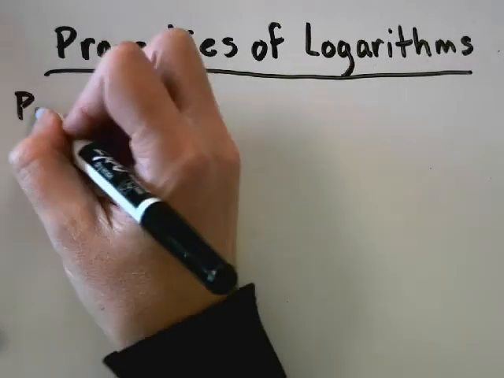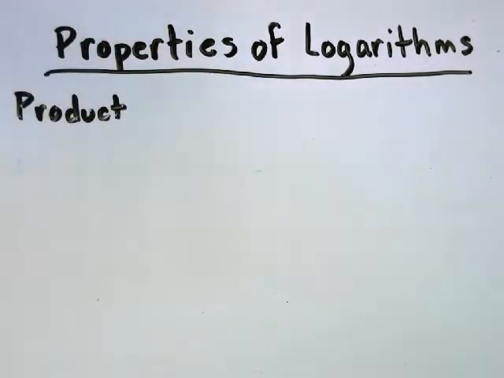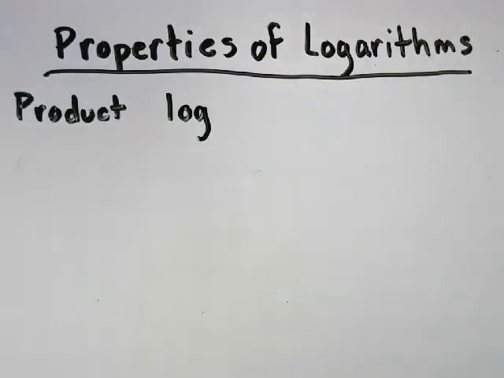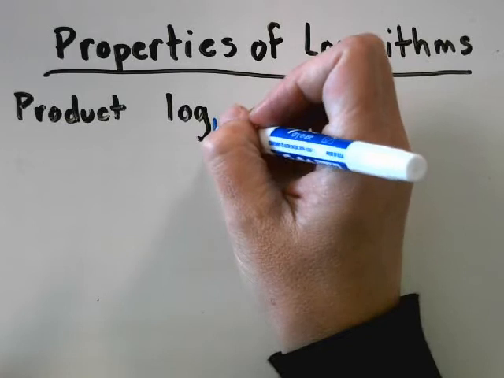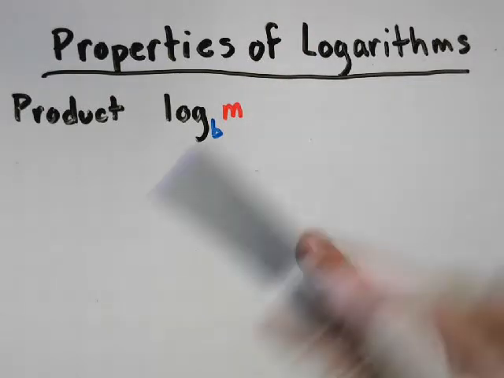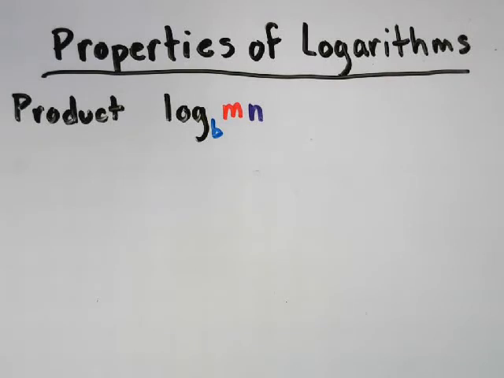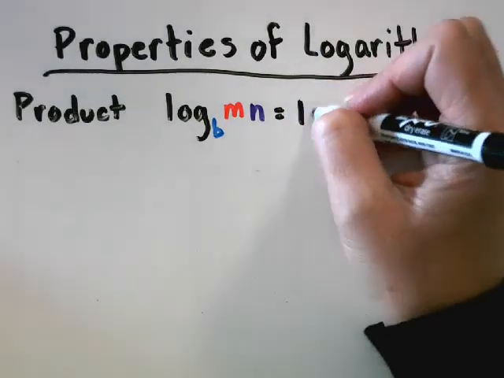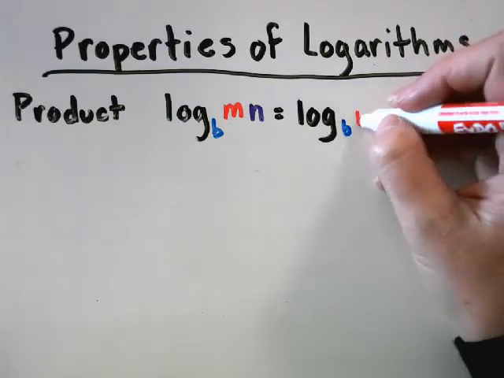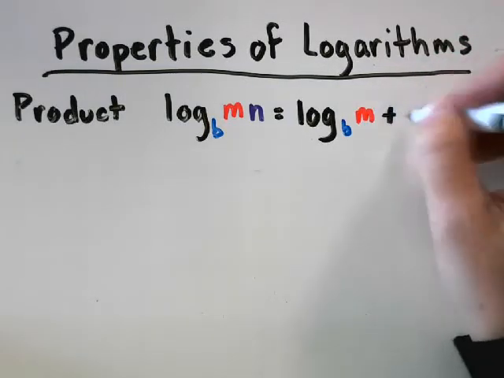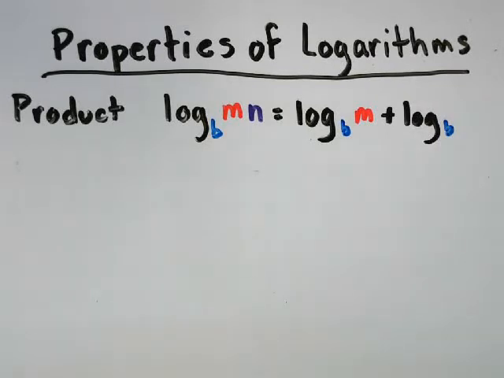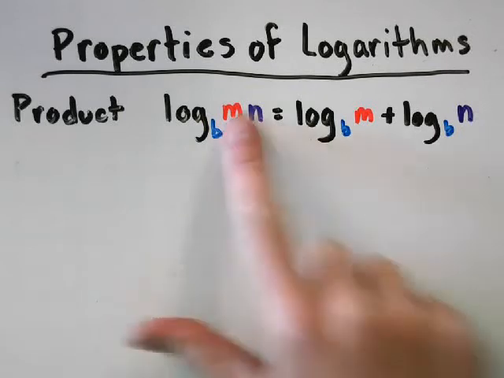The first one is the product property, where if I have log base b of a product, m times n, I can split that up to log base b of m plus log base b of n. So if we have a product, it can be split up using addition.